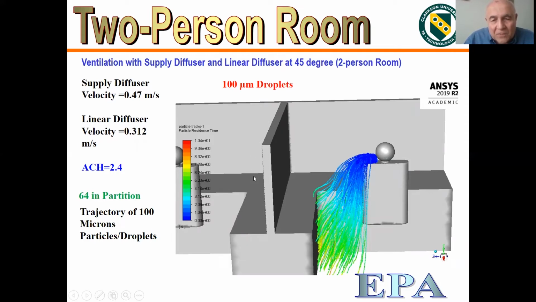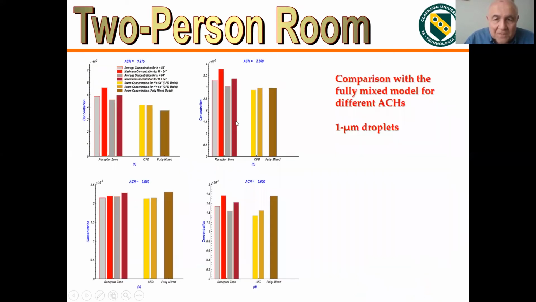For the partition, it helps a lot for larger particles, but for smaller ones it doesn't make a big difference. We have done a bunch of air change rates in this study, from about 2 to about 5 here, and also considered different partition sizes and so on.